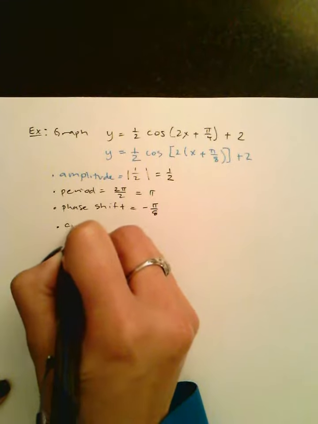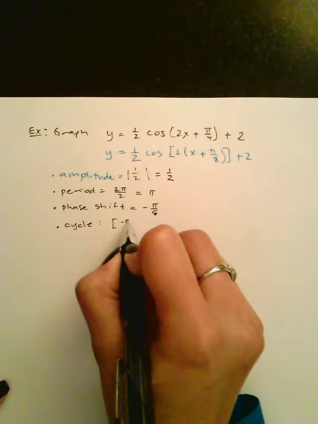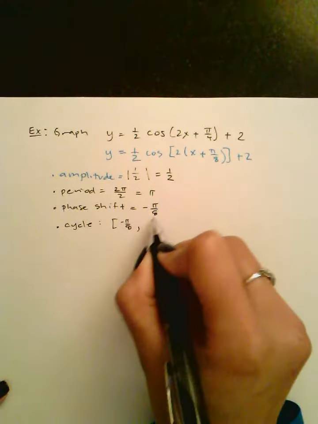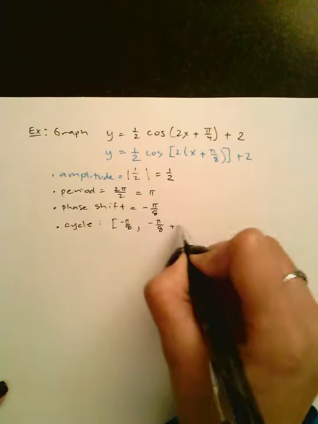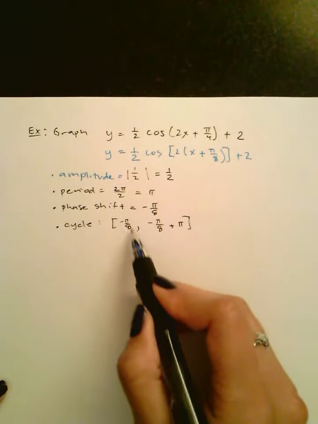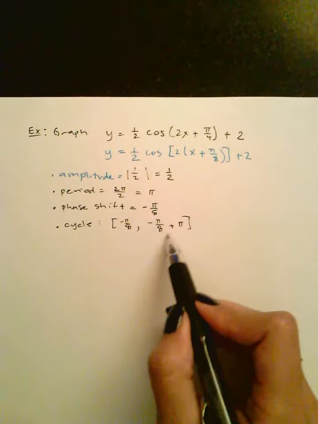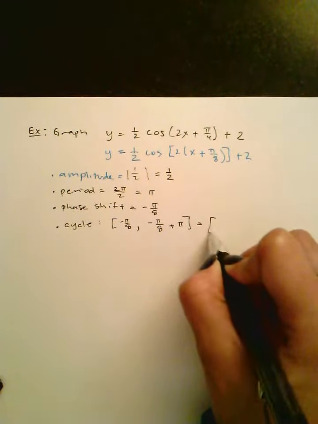So this tells me that the cycle starts at negative pi over 8, and then it's going to end at the phase shift, negative pi over 8, plus the period of pi. So we always take the phase shift, and that's what goes first, and then it's the phase shift plus the period. So that's how we determine the cycle.